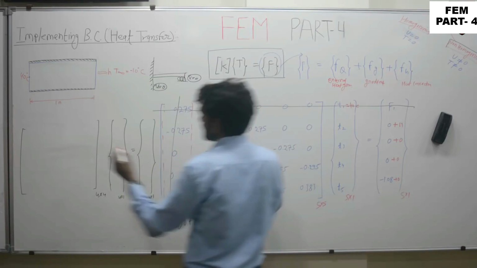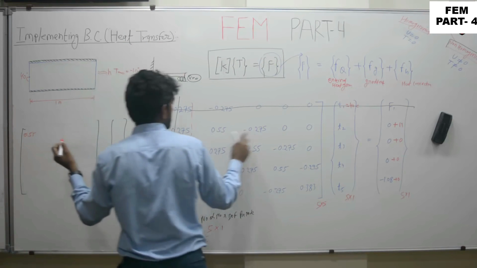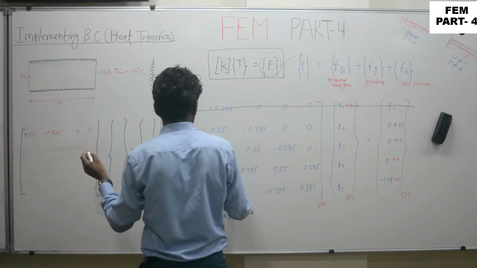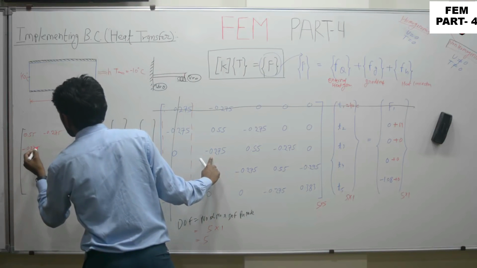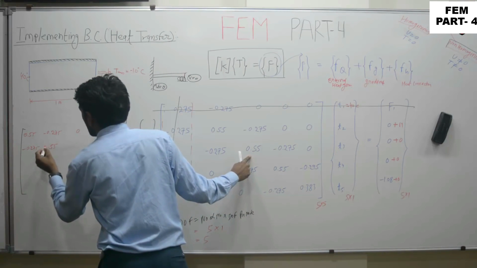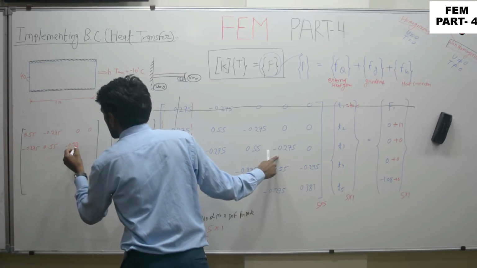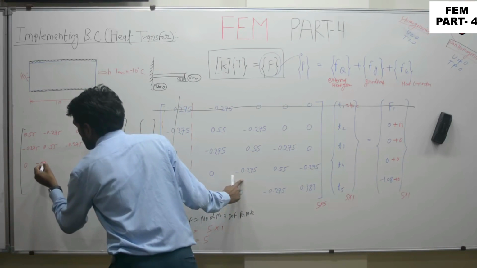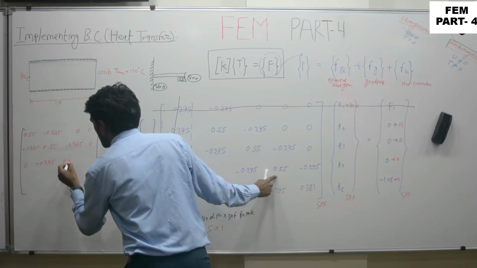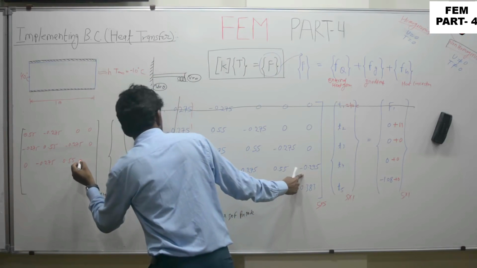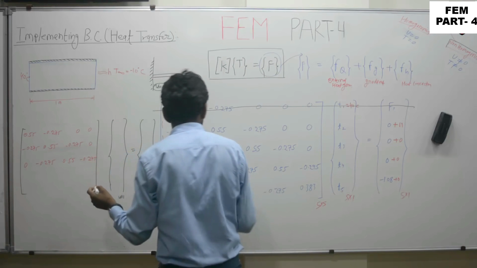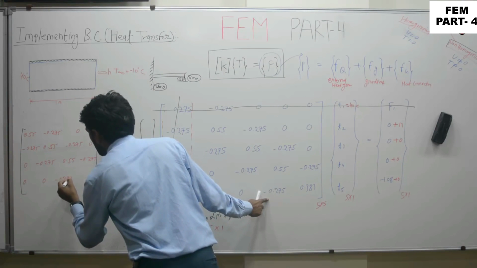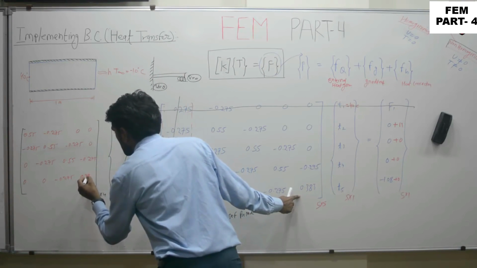Okay. The values would be 0.55, minus 0.275, 0, 0, then minus 0.275, 0.55, minus 0.275, 0, then third: 0, minus 0.275, 0.55, minus 0.275, and last: 0, 0, minus 0.275 and 0.383.